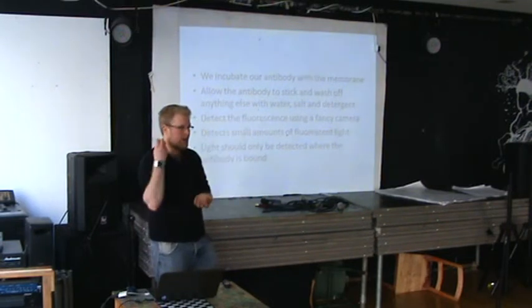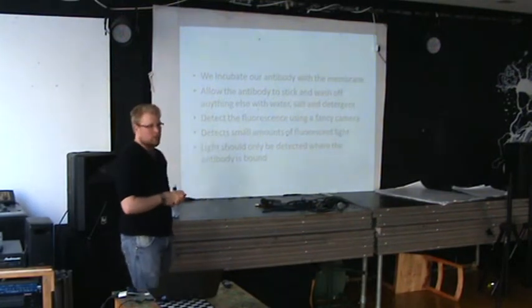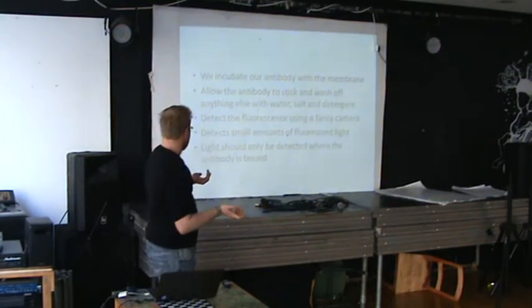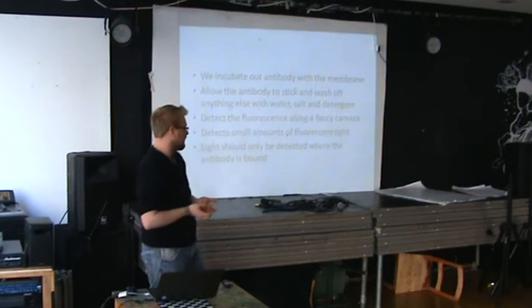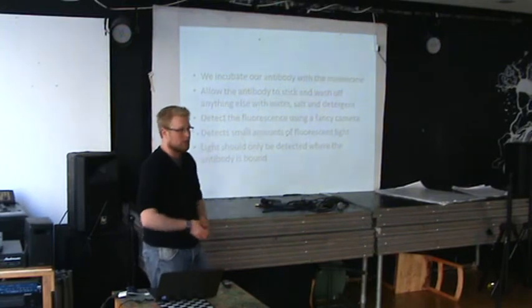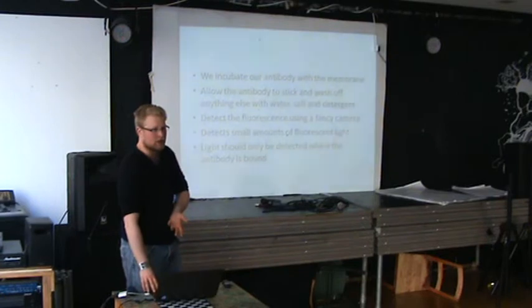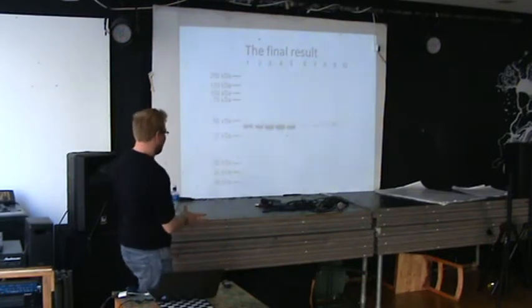You activate the tag using hydrogen peroxide, and you put it under an extremely expensive, extremely finicky camera, and try to detect the amount of light coming off your blot. The light should only be detected where the antibody is bound, and that literally is what it will look like.